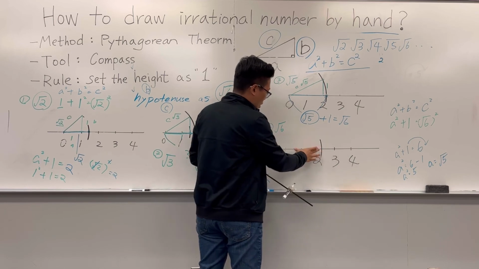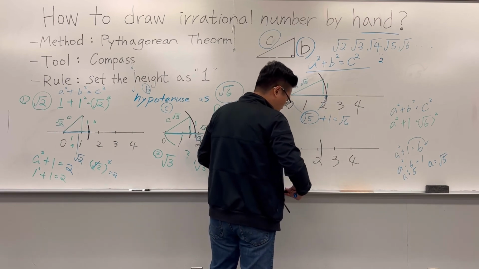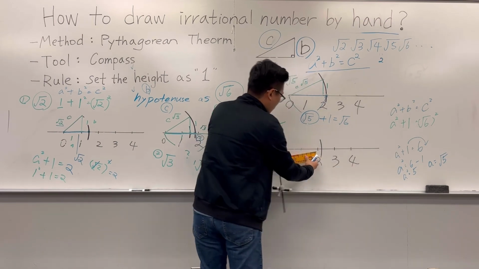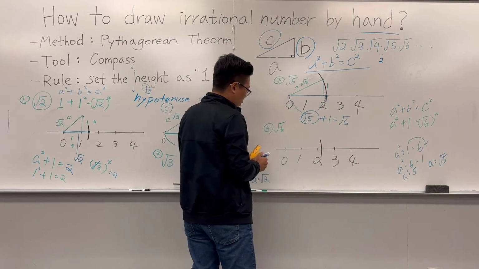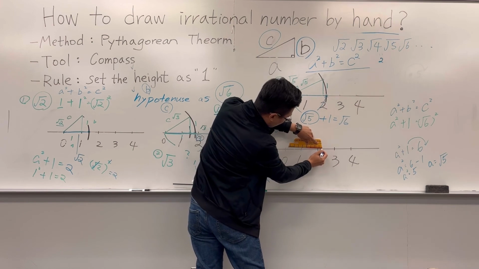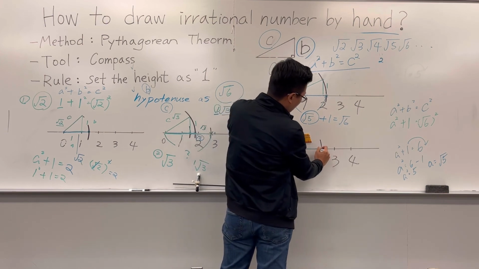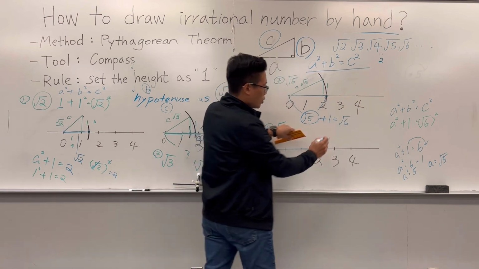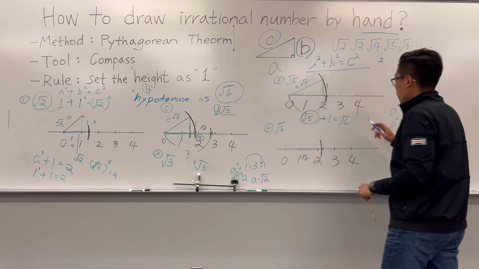So you need to start from 0. Now I get this distance, and this distance. This blue line is the square root of 5, which is about 2.2. Right? And then the height is 1.